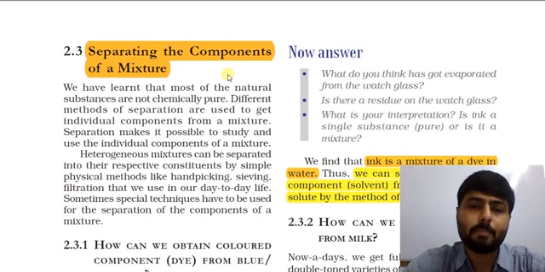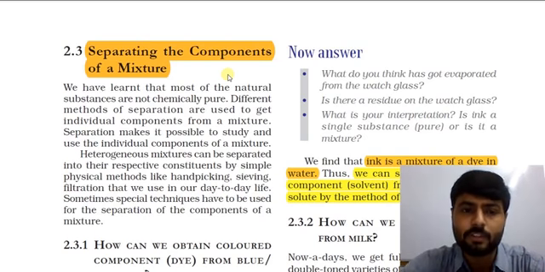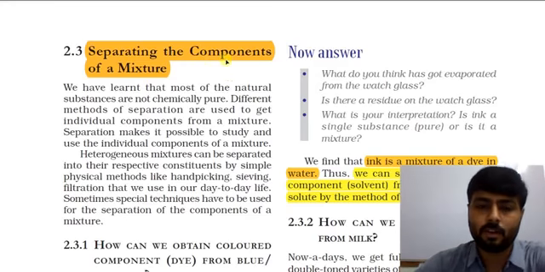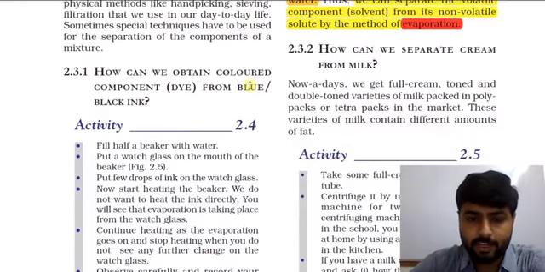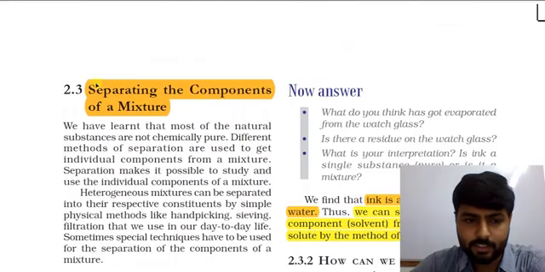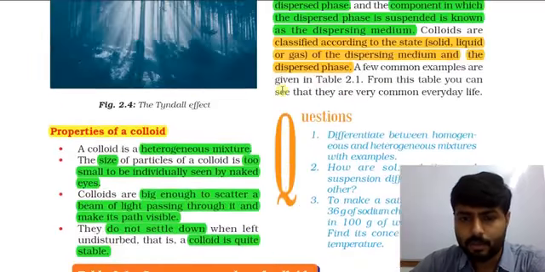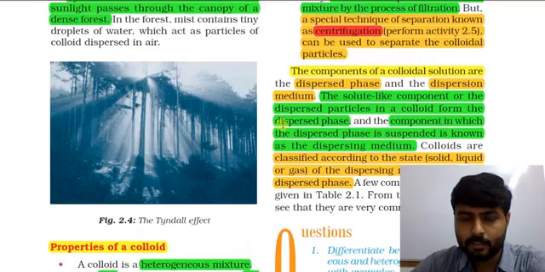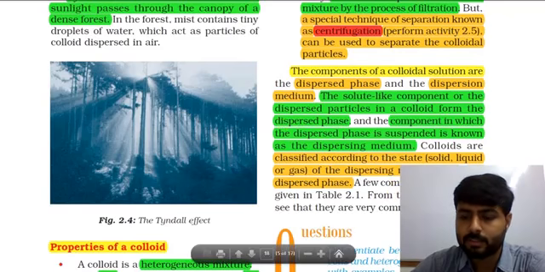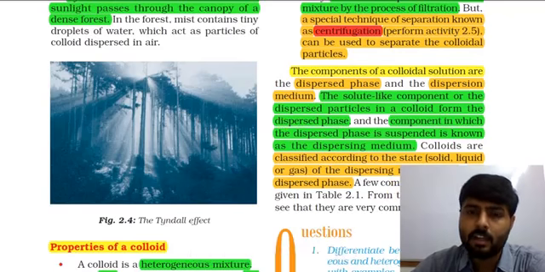We will see the basic techniques of separating the components of a mixture, in the next lesson, which is the next important part of this chapter. So I hope you got the point of what solution, suspension, and colloidal solution are.